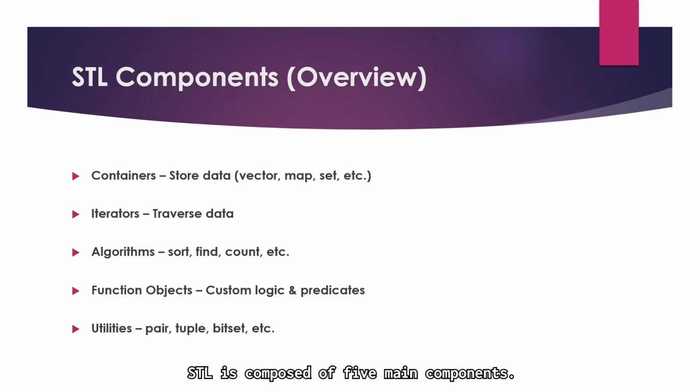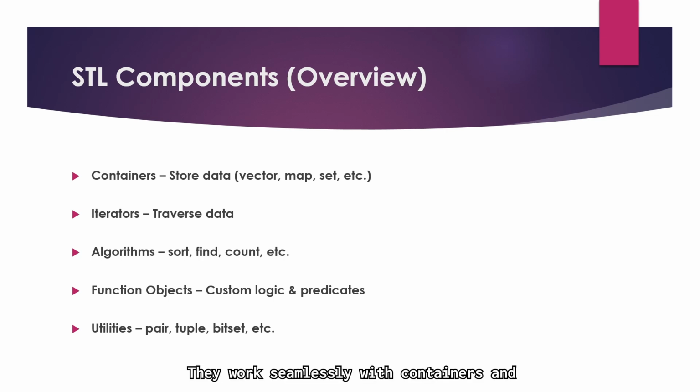STL is composed of 5 main components. First, containers like vector, map, set, priority queue, and others. These are used to store data in different structures. Second are the iterators, which are like pointers that help us navigate through containers. Third are the algorithms. These include things like sort, find, count, and accumulate.